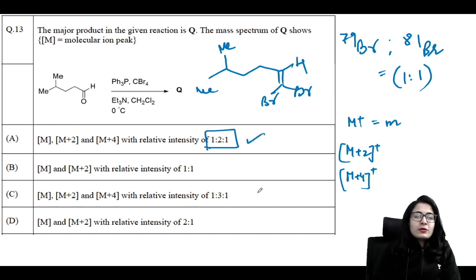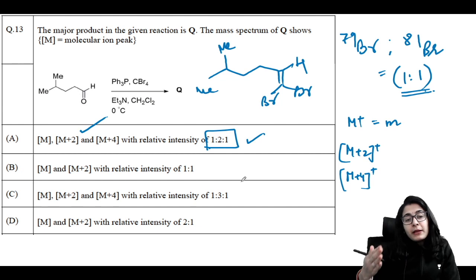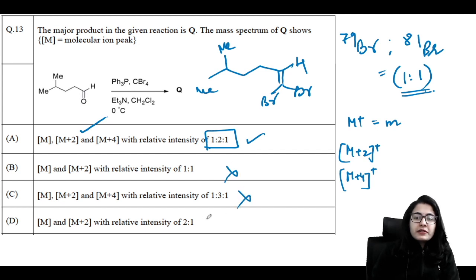So why is the intensity ratio like this? Because both the bromines are 1:1, and if you are having three peaks, it is going to follow Pascal's triangle: 1:1 and 1:2:1. What follows is 1:3:3:1, right? So if you are getting M, M plus 2, M plus 4, M plus 6 peaks, that will be 1:3:3:1 following Pascal's rule. So all of the other ones are wrong.